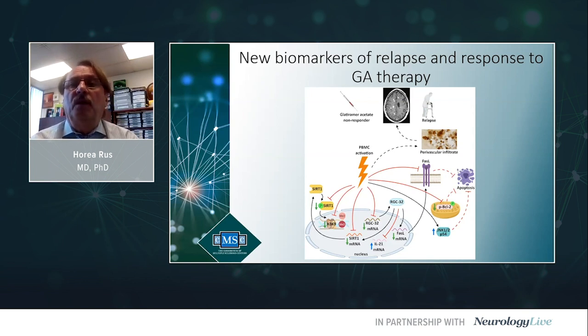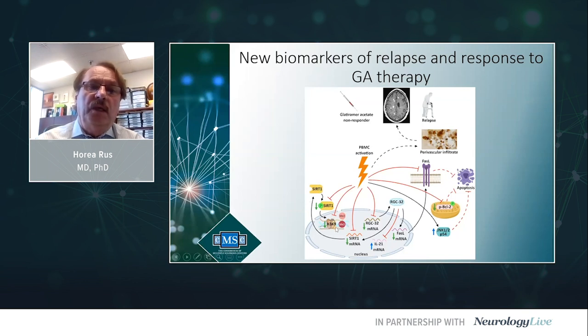And without showing you the data, we extended this to other biomarkers like SIRT1 and BCL2, which is a pro-apoptotic, anti-apoptotic protein, and JNK kinase.